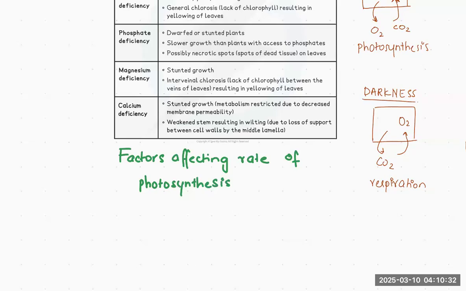The factors that affect your rate of photosynthesis are carbon dioxide concentration, number one. So, what are we going to write down about carbon dioxide concentration? Quite simply put, greater the carbon dioxide concentration, the faster the rate of photosynthesis.